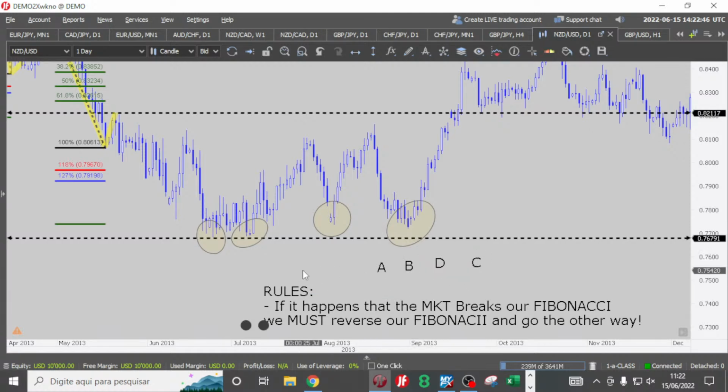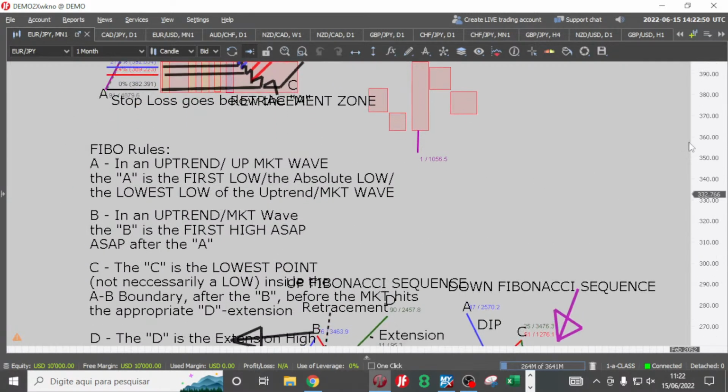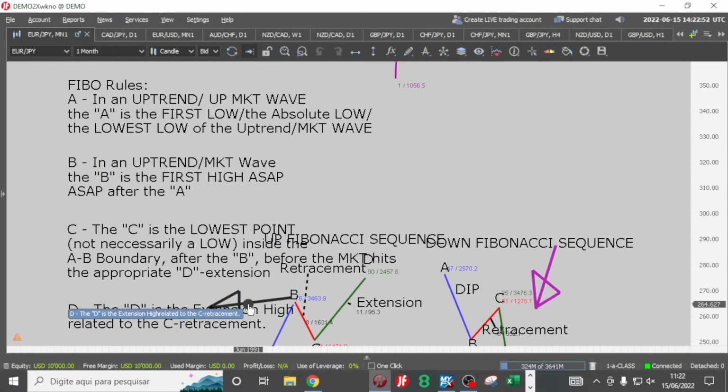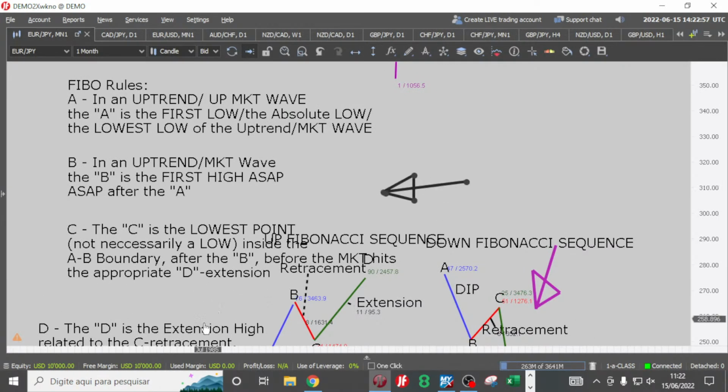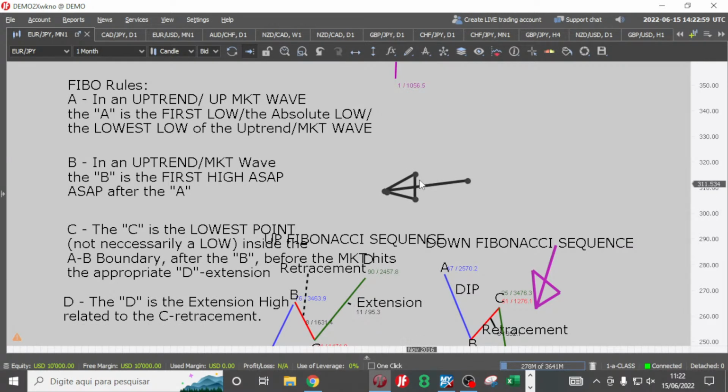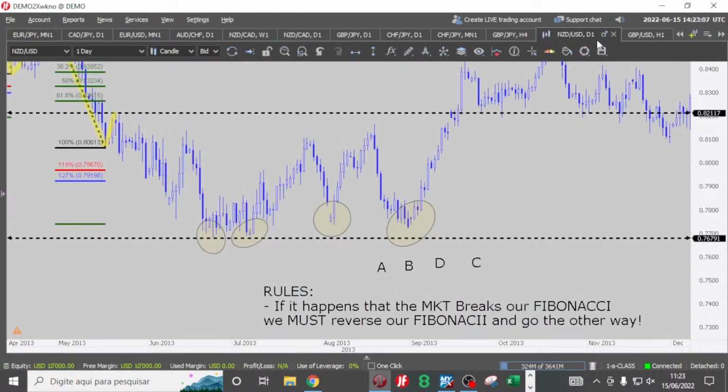Somebody just typed, I don't know. Follow the rules. Follow the rules. Most of you have a picture about the rules. In an uptrend, up market wave, the A is the first low, the absolute low, the lowest low of the uptrend or up market wave.